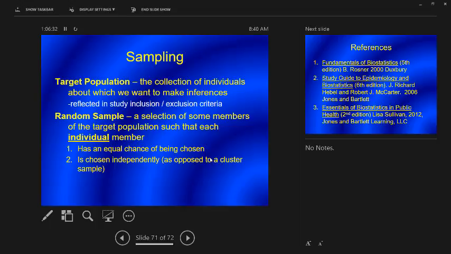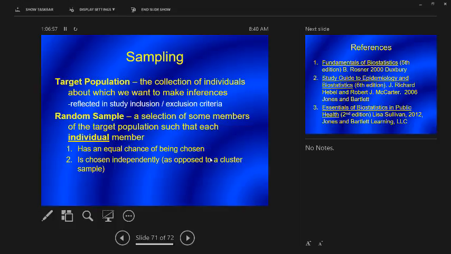What that does is that the sample I obtain using those inclusion and exclusion criteria is generalizable to a target population of all women who are between 18 and 45. So the inclusion and exclusion criteria shape the target population that you can make inference to. Then it's ideal to have a random sample of subjects from the target population.